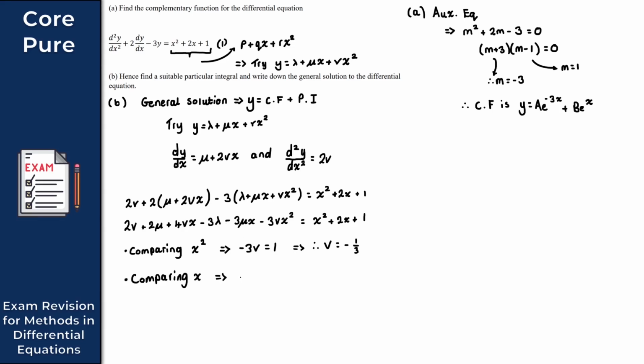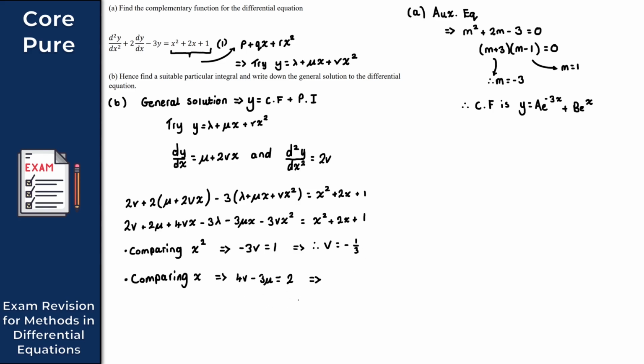Comparing coefficients, we've got 4 nu minus 3 mu is equal to 2. We know that nu here is minus 1 over 3, so we just do 4 times nu, which is minus 1 over 3, and then we need to solve for mu.